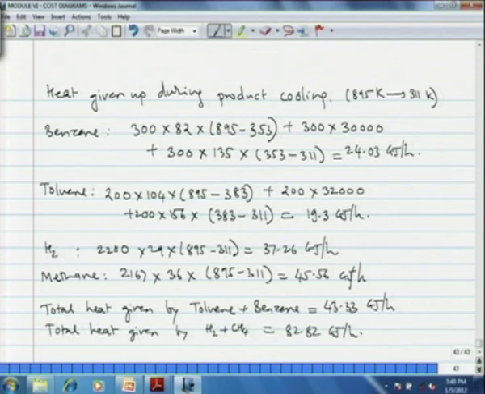Now, the heat given up during product cooling has to be distributed between fresh feed and recycle feed, that is liquid as well as gas feed, in proportion of the molar flows as the products form from the feed streams. This is the strategy we adopted while preparing the cost allocation diagram.